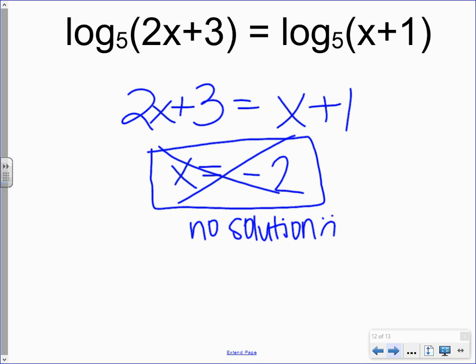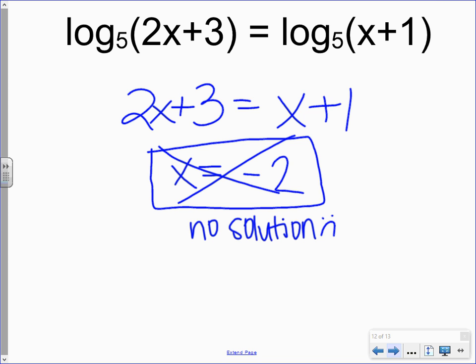Since we can't plug it back in, we don't have a solution. So when you're solving these logarithmic equations, it's important that you make sure your answer is legitimate. It might work algebraically, but it does not work back in the logarithm.